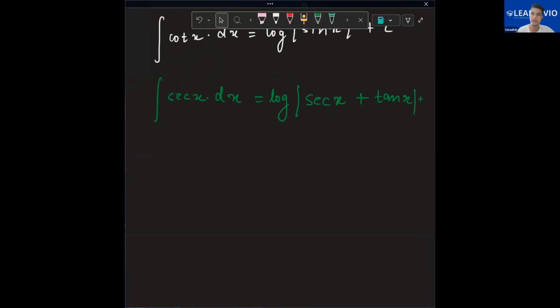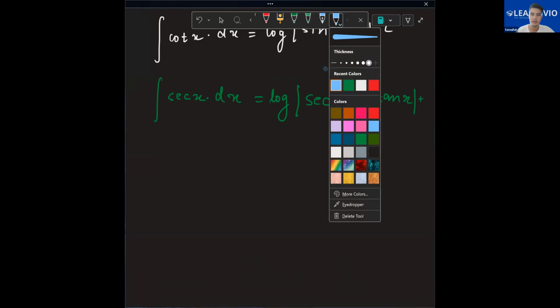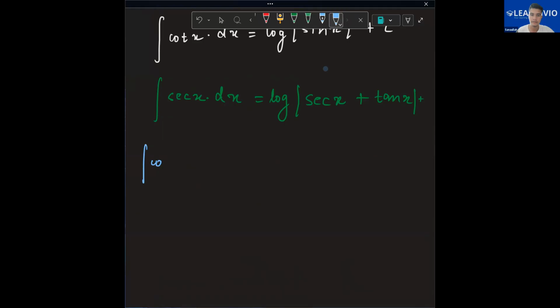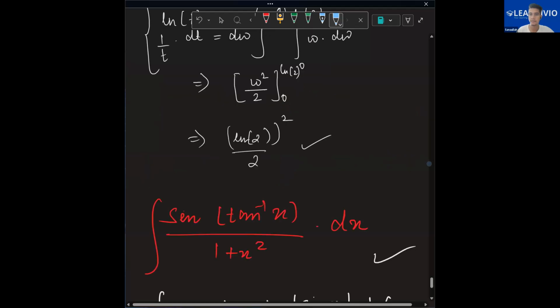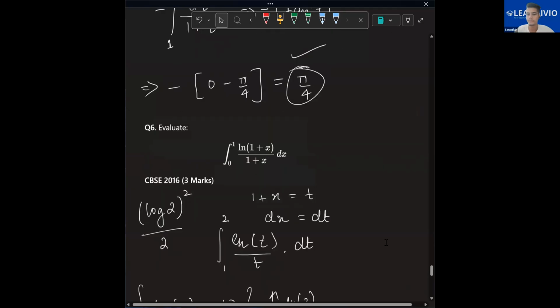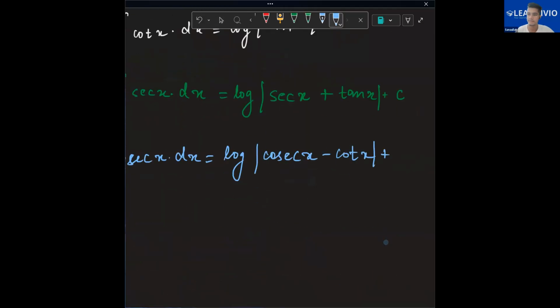Now for cosecant of x, you have log of cosecant x minus cot x plus c. ठीक है.